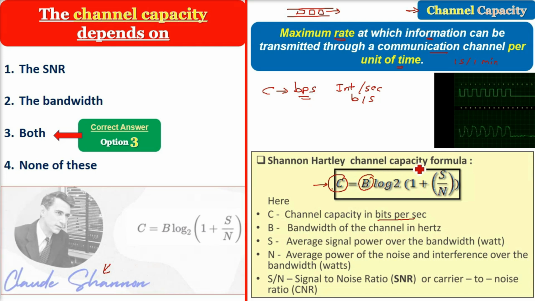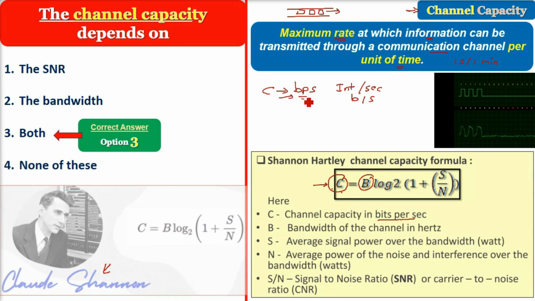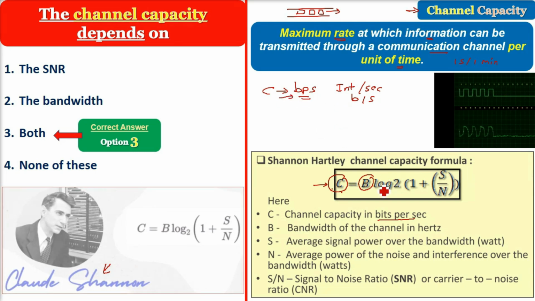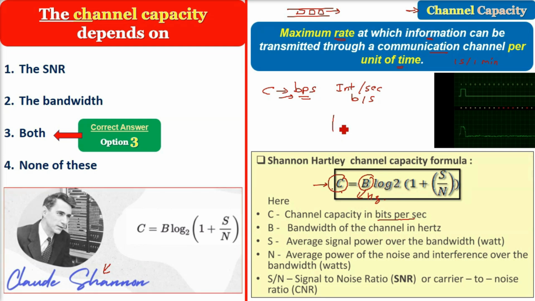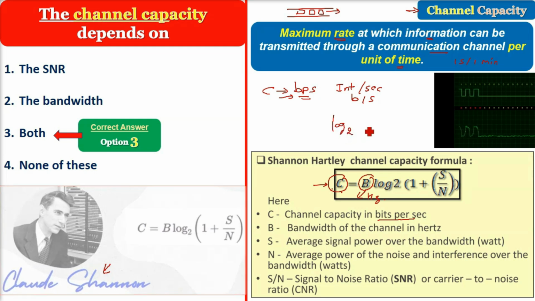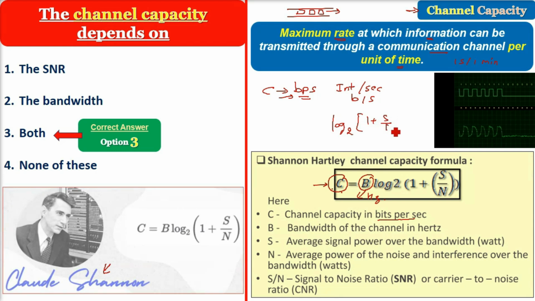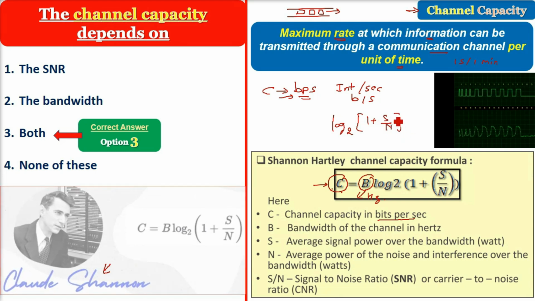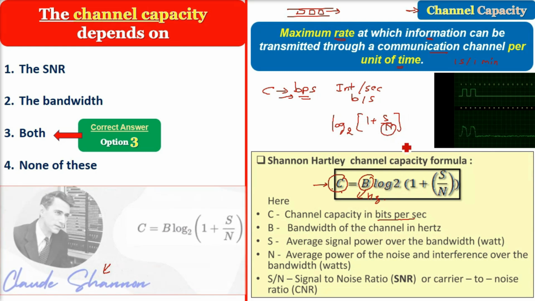This channel capacity is given by a certain formula, depending on direct or inverse proportionality. B is the bandwidth of the channel in hertz. The log is base 2, you know that already. Inside this we have 1 plus S by N. N is the average power of the noise and the interference over the bandwidth, in watts.